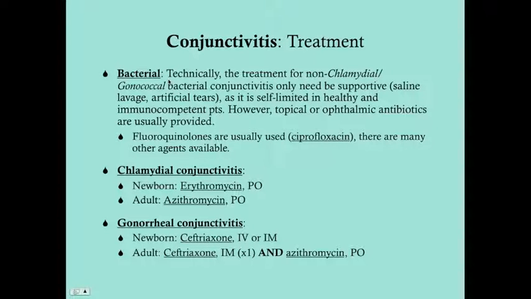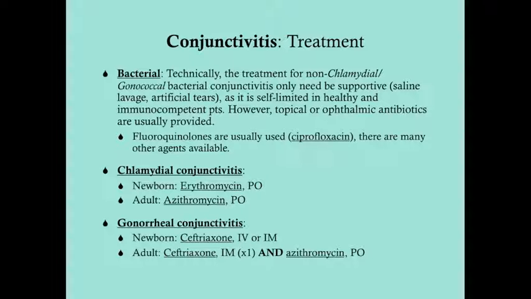For bacterial conjunctivitis, technically, as long as it's not chlamydia and not gonorrhea, then you don't need to do any treatment other than supportive. The supportive therapy is saline lavage, getting rid of that pus, getting rid of that discharge, and then artificial tears for the symptoms.